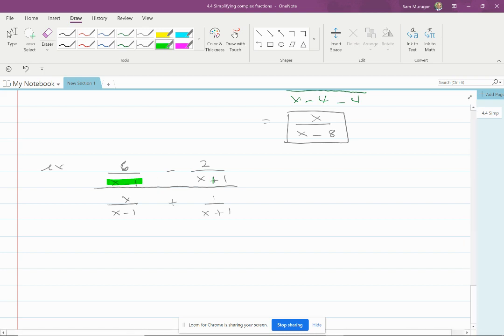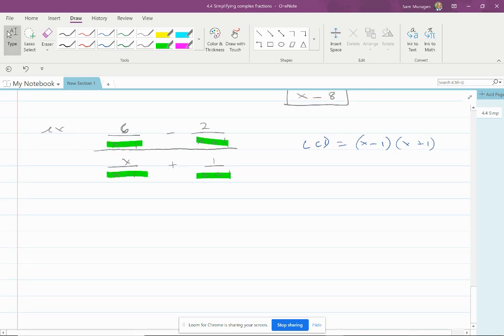Observe that the denominators have to accommodate x plus 1 and x minus 1, so we can establish that our LCD is the product of x minus 1 and x plus 1. Multiply everything by that LCD, so here we go.